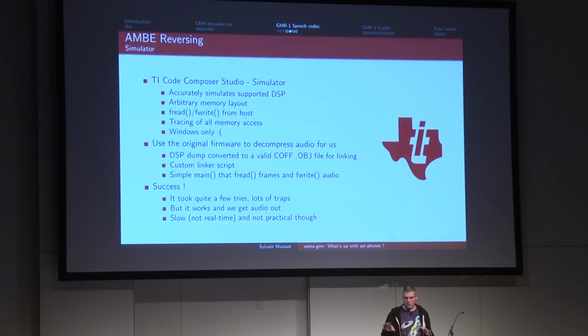But it's the same idea, and then you can just link to it like you would link to any other piece of binary. You write a simple main function that will basically fread your compressed samples, call the decoding function, or at least what you hope is the decoding function, and fwrite the audio samples.